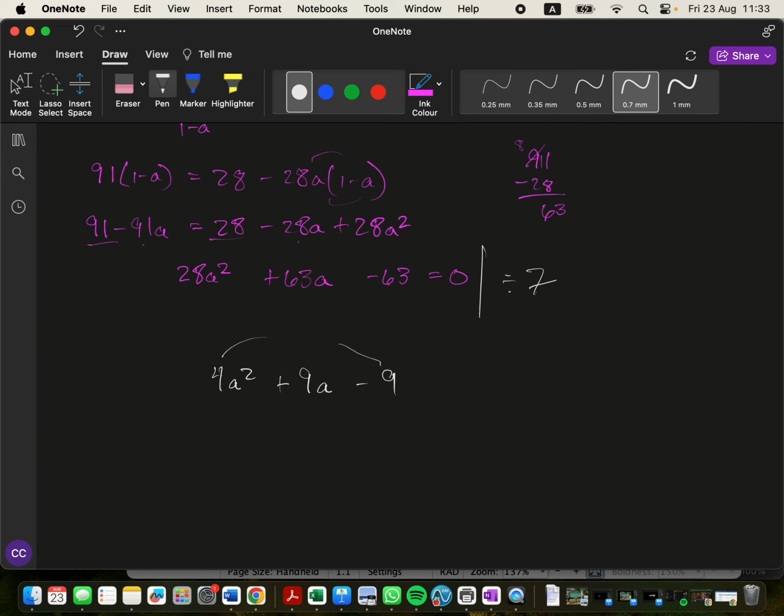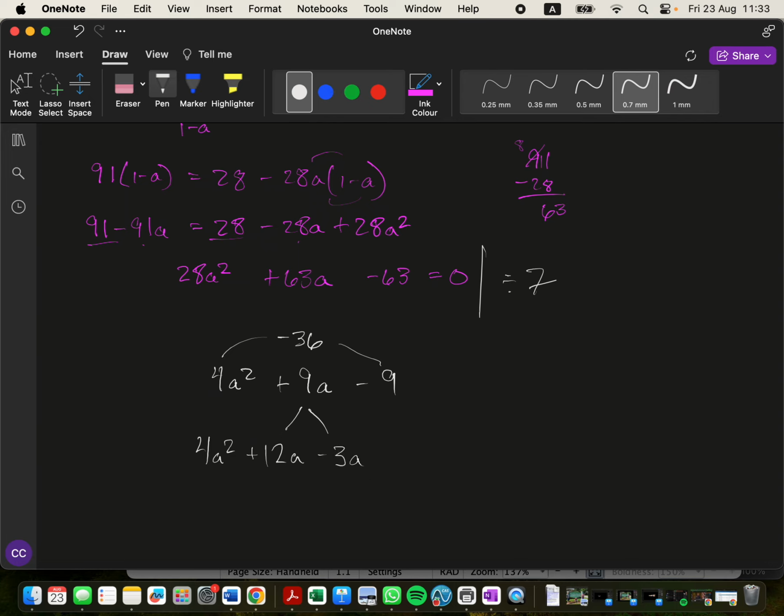For this, I'm going to have to deal with splitting the middle term. So I'd have negative 36. What two numbers multiply together to equal negative 36 but add to equal 9? It's going to be 4A squared plus 12A minus 3A.